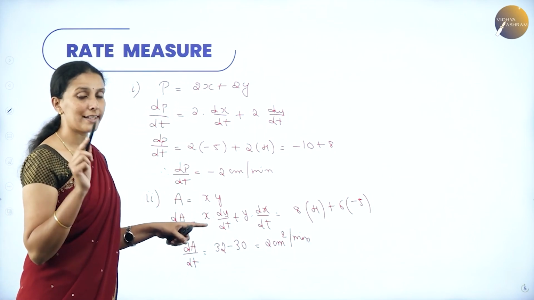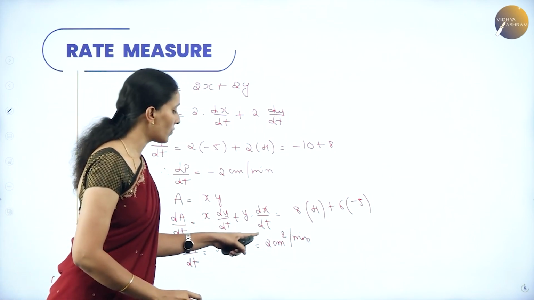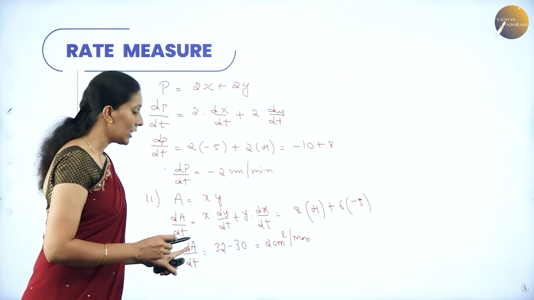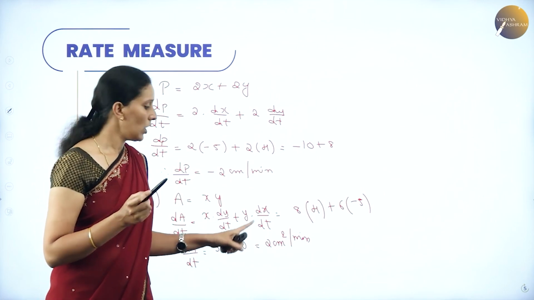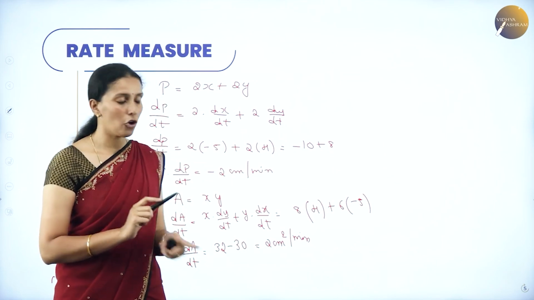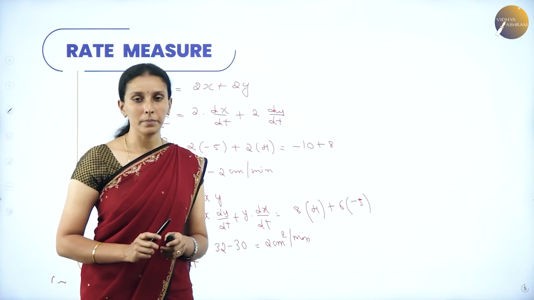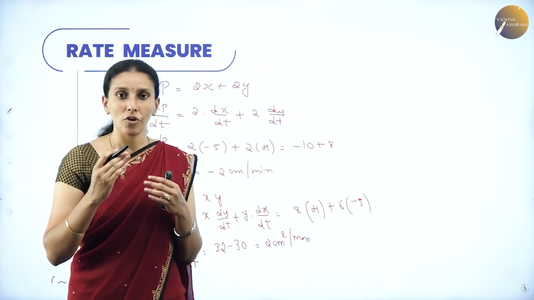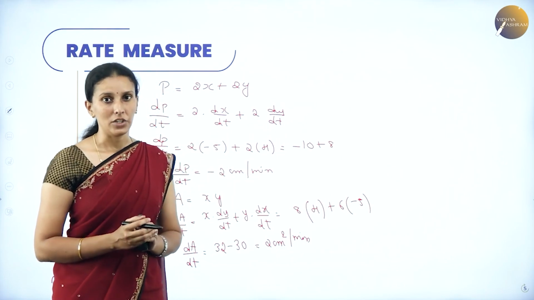Because area is always expressed in square units. That is why here 2 centimeter square per minute. And hence the area is increasing at the rate of 2 centimeter square per minute. So this is how we will calculate the rate of change of bodies with the given condition.